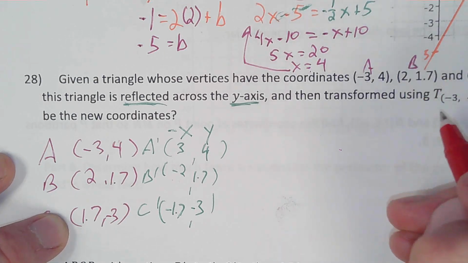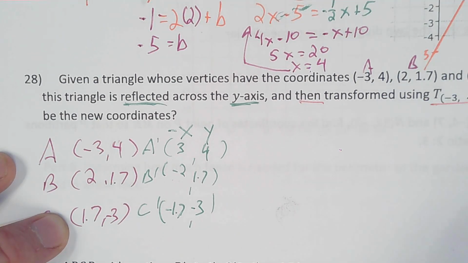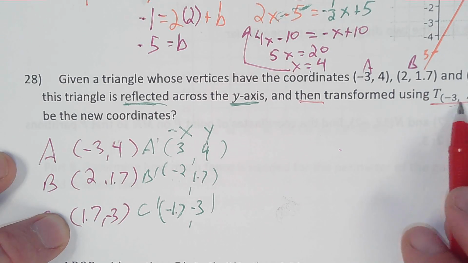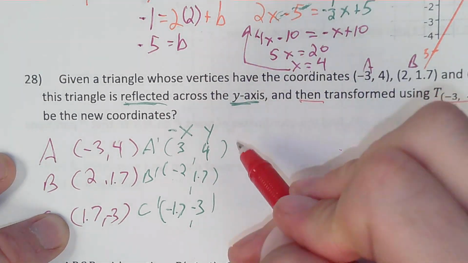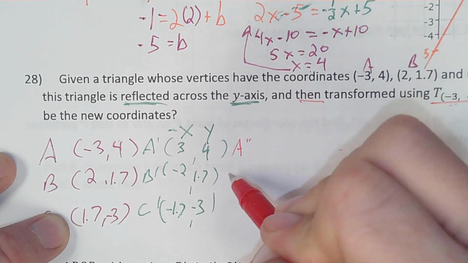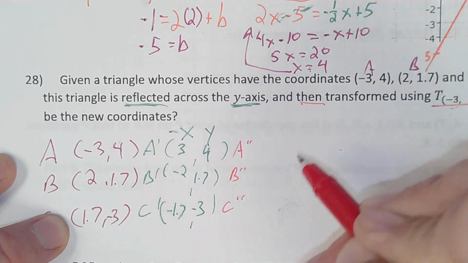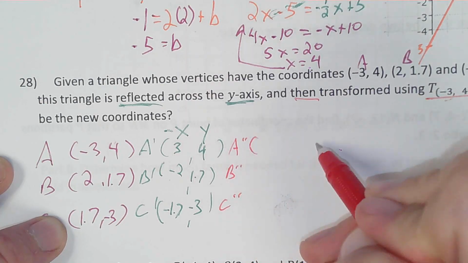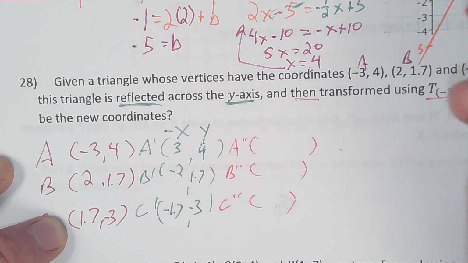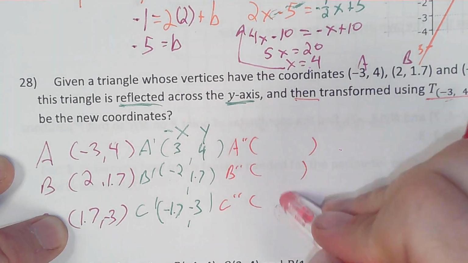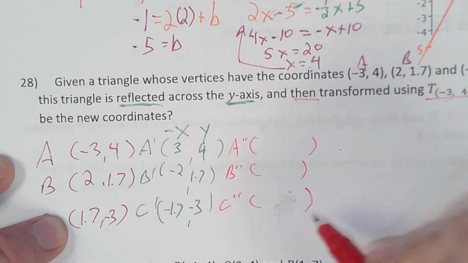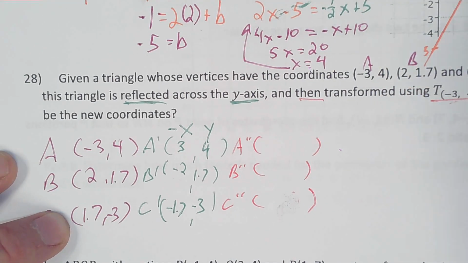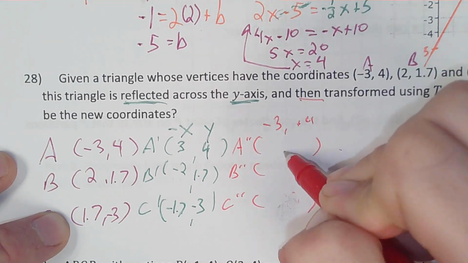Then it's transformed. Looks like it's a translation, right, to A double prime, B double prime, C double prime, with -3 and +4.